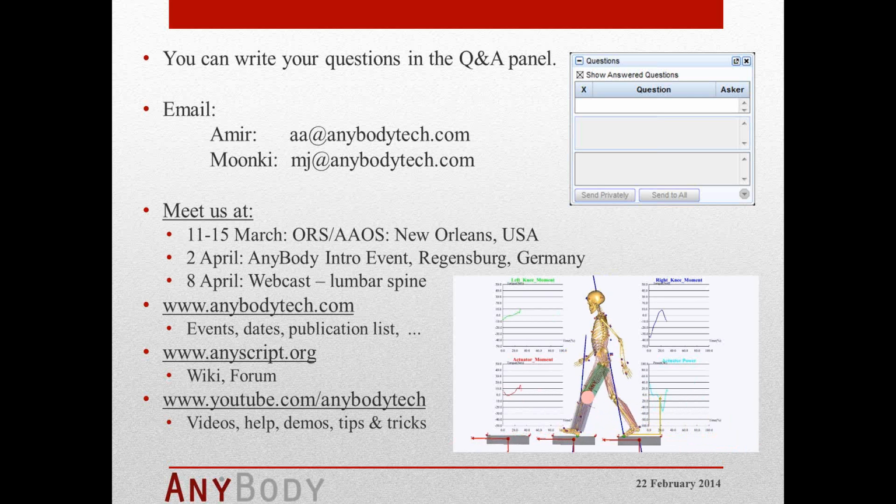There was one question in the audience. What are the benefits of a predicted versus a measured ground reaction force in your example? The benefits are you don't have to measure the ground reaction forces.